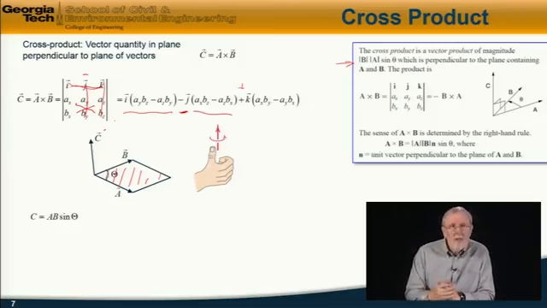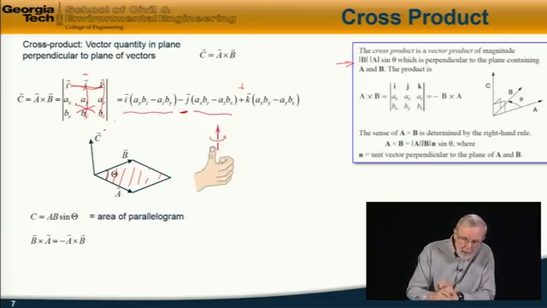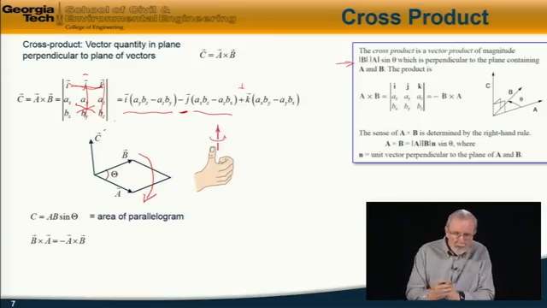And we can also see that we cannot readily reverse that. If we go from B to A in the other direction here, so now if I go B cross A in that direction, then the direction of the resultant cross product is reversed from the right-hand rule. In other words, B cross A is equal to negative A cross B.